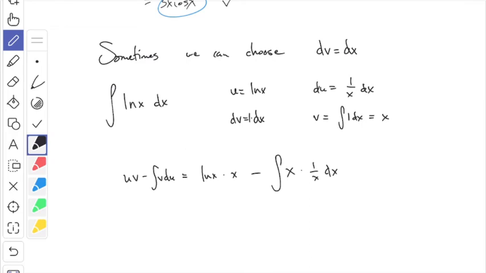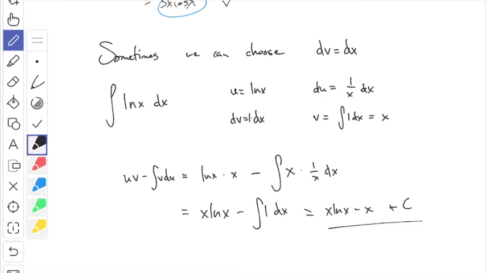Yeah, x times 1 over x, they cancel, and we just get a 1 inside the integral sign. I'm going to write it this way around so there's no ambiguity. That second x is not part of the log there. So it's x ln x minus the integral of 1 dx. And the integral of 1 dx is, again, x. So this is x ln x minus x plus c, and that's the answer.